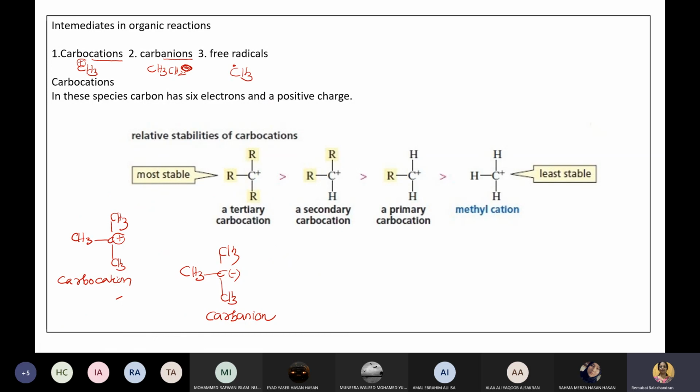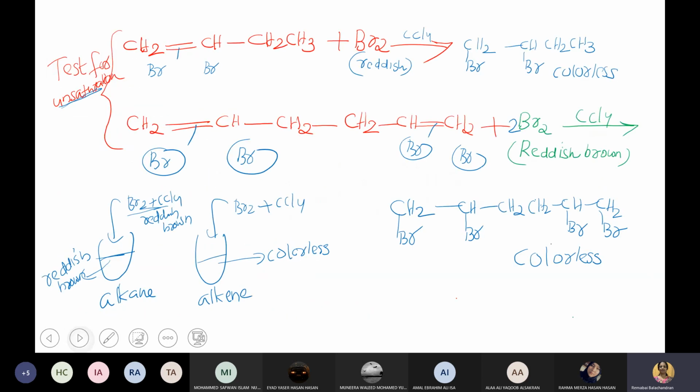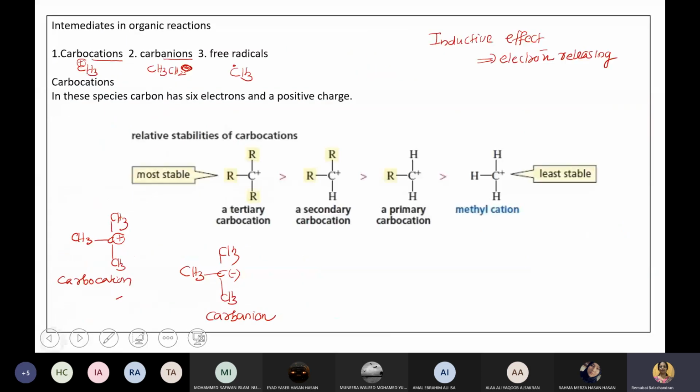Now look here, dear. There is something called inductive effect that we didn't do. Inductive effect means electron releasing effect. And one more point is there, hyperconjugation. But that is too much chemistry, so I don't want to teach hyperconjugation now.